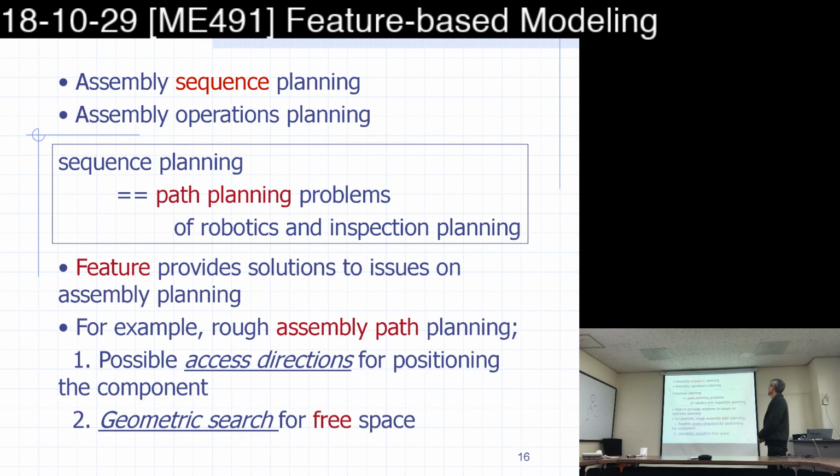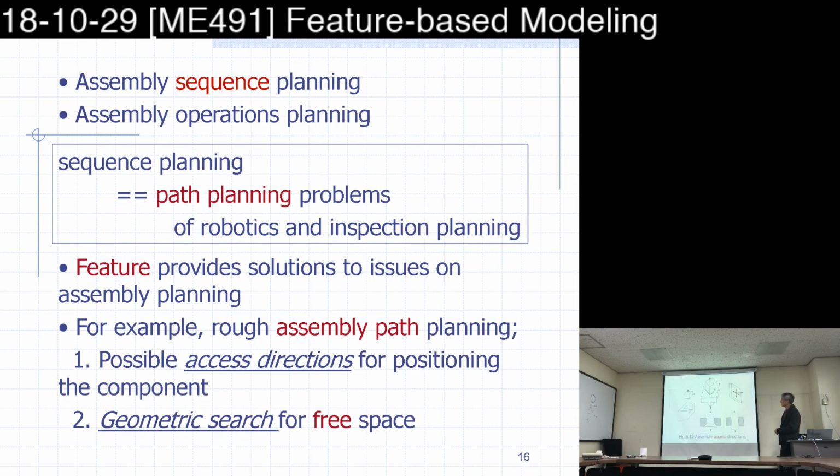Assembly sequence planning and operation planning are a little bit lower level. Path planning: for assembly you need to have a path because it is three-dimensional, right? In this way or in this way. So the path is important. Features provide a solution to assembly planning issues, so the feature concept is also important. Rough assembly path or final assembly needs access direction, and free space for access geometry.